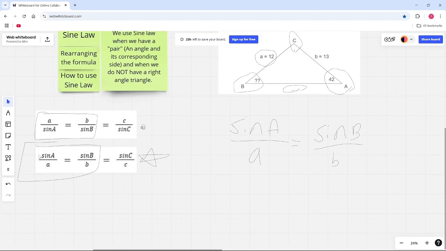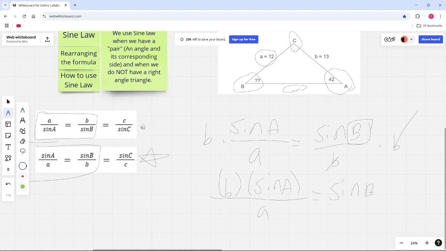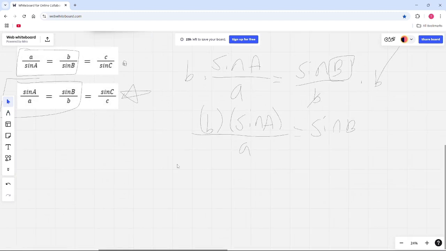So let's isolate for our angle B. So you multiply this by B, multiply this side by B. These two B's cancel out. So you're left with B times sine angle A over side length A is equal to sine angle B. Now to isolate for B over here, because we're not done yet, you'll simply just take its inverse.